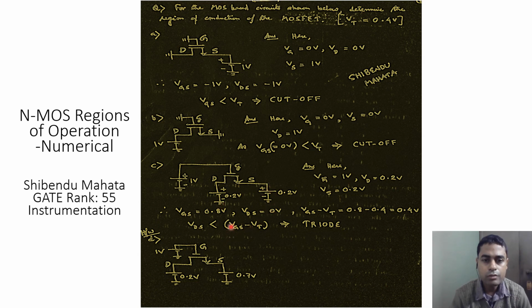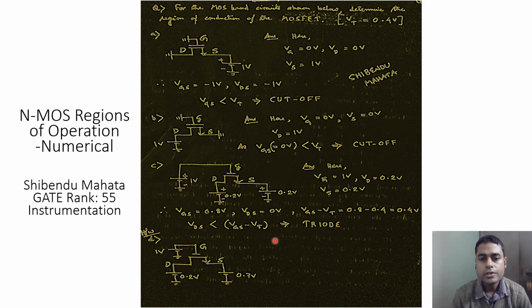So VDS is equal to 0 volt. If we compare VDS and VGS minus VT, we find that VDS is less than 0.4 volt. So 0 volt is less than 0.4 volt, and therefore it satisfies our condition of triode region of operation. So this MOSFET is operating in triode region.